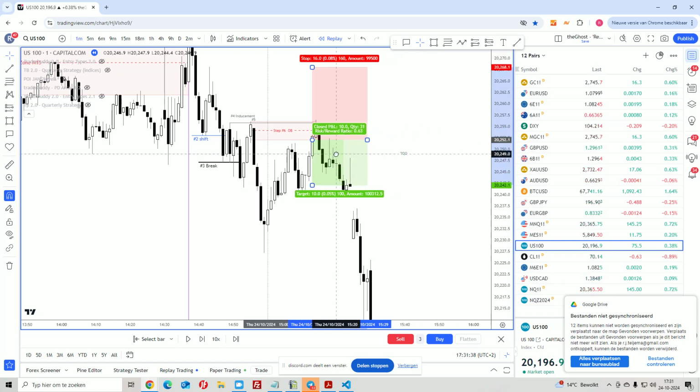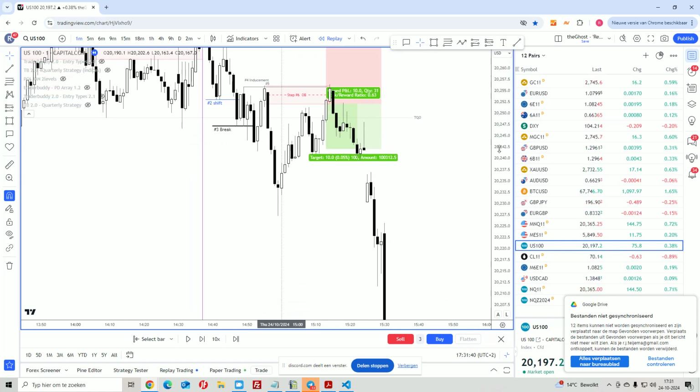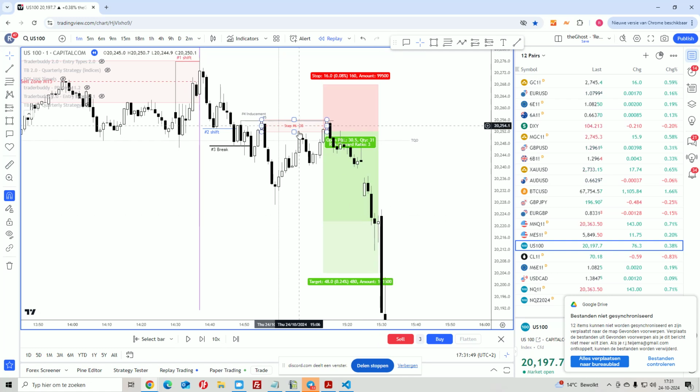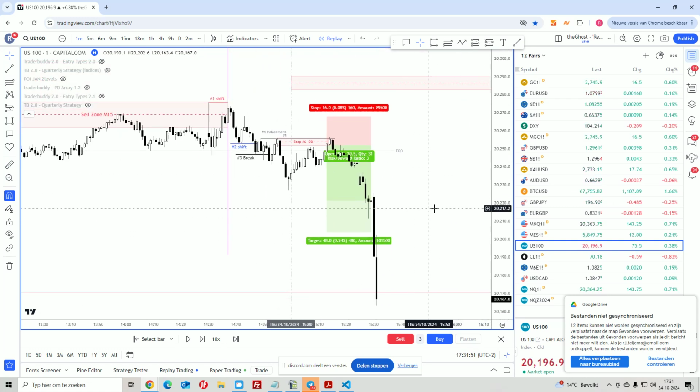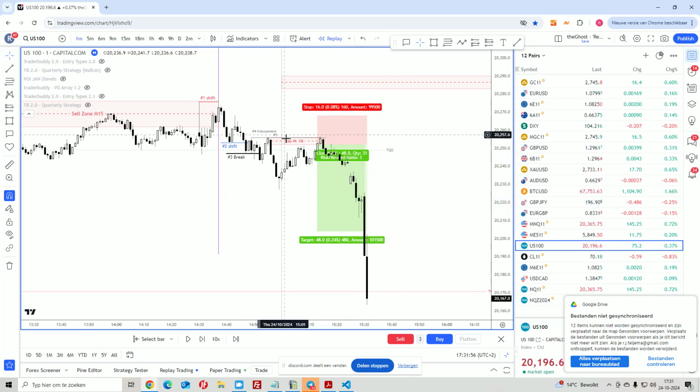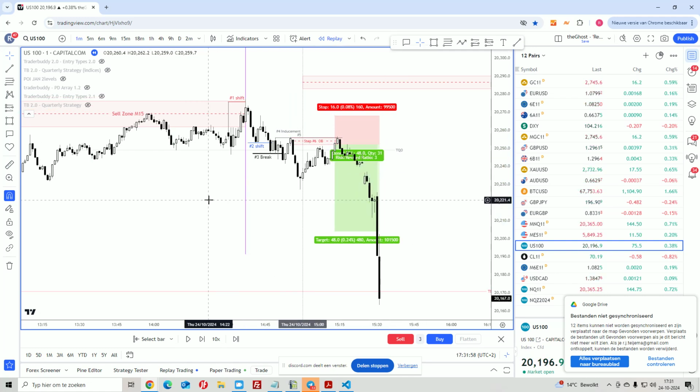Step 7 is always the entry. And you always go with the 7th step for a 3R. And if you did everything correctly, well, 9 out of 10 times you get a 3R very soon if it's a valid 7-step pattern.